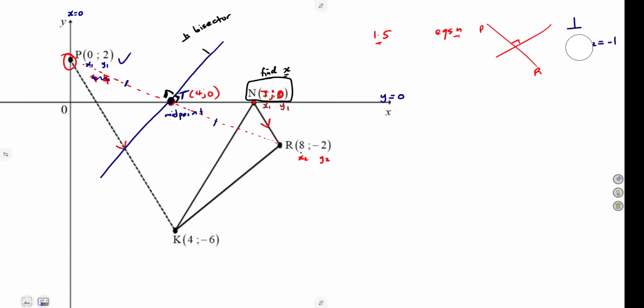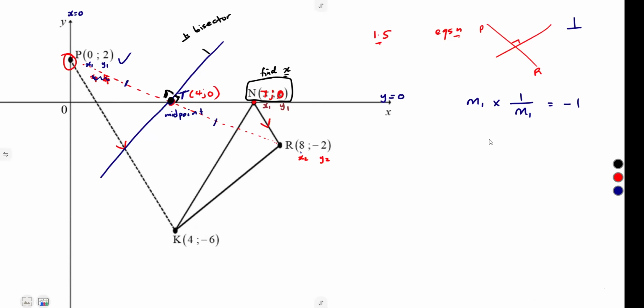So if we consider one line, let's say we are considering M1, it follows that M1 times its reciprocal, which is 1 over M1, is supposed to give us a -1. So you find the gradient of one, then you just use 1 over that to find the other one. That is the concept that you're going to use.